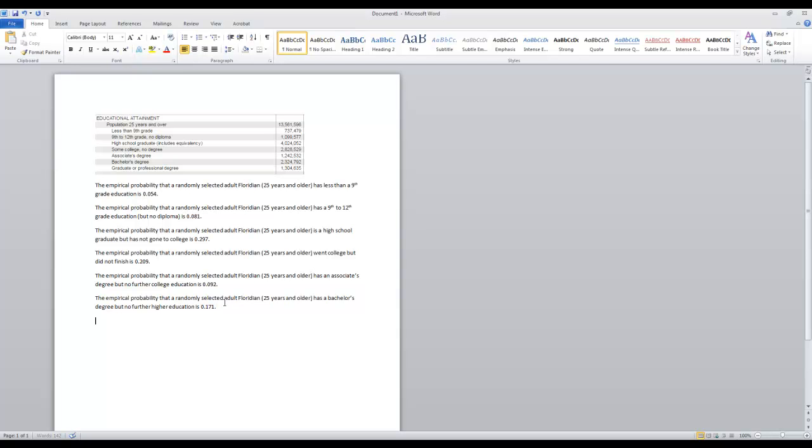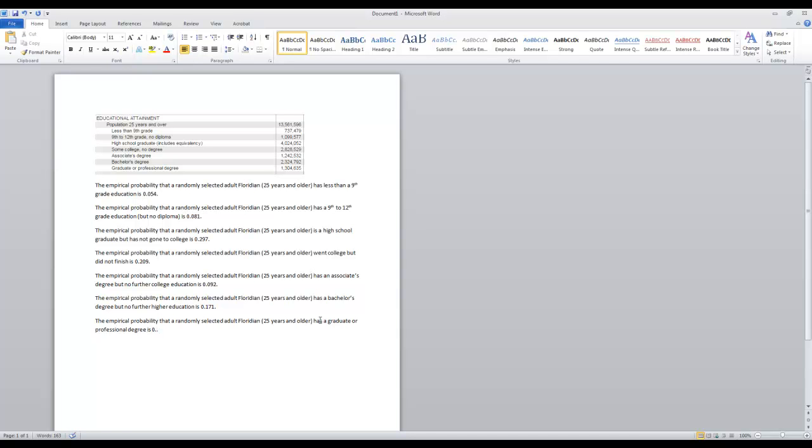Now the last one. These are the graduate or professional degrees. So the empirical probability that a randomly selected adult Floridian, 25 years and older, has a graduate or professional degree is, well, how many folks do?